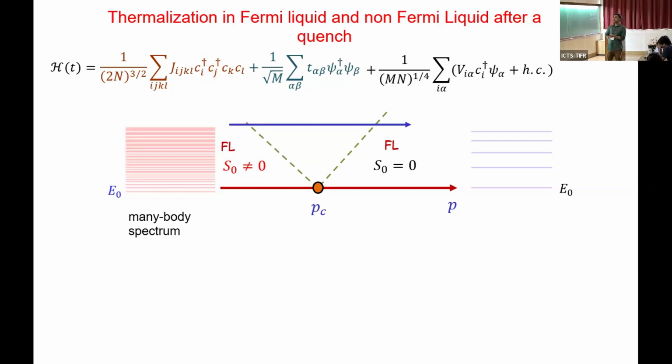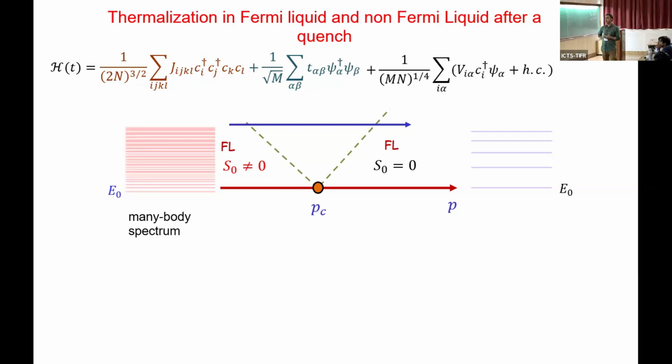This model gives you a lot of flexibility to do different kinds of non-equilibrium protocols. You can go from Fermi liquid to Fermi liquid quench, non-Fermi liquid to Fermi liquid, and quench within a Fermi liquid. You can go across quantum critical points. You can do a lot of different things with this.